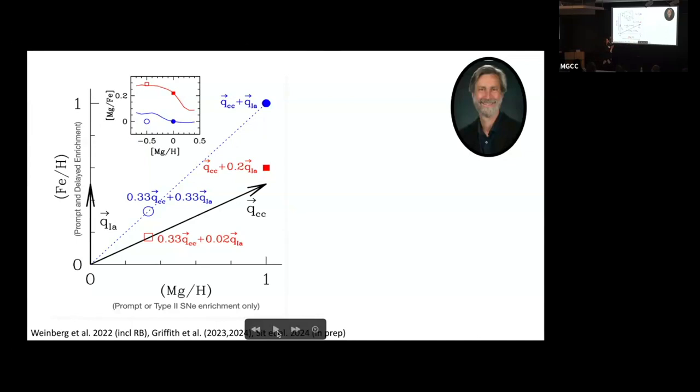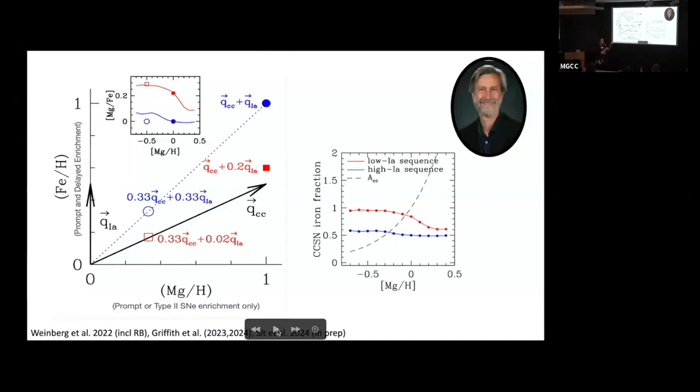So while I've been explaining supernova 1a to core collapse, this model is actually making the assumption that there's some enrichment that happens quickly after a burst, probably core collapse, and there's something that happens delayed. And it makes no other assumptions about the physical process. Okay. Which is cool because we're not tying ourselves to yields, which are highly uncertain. We're not tying ourselves to timing because ages are really hard. We're just totally looking at chemical evolution space.